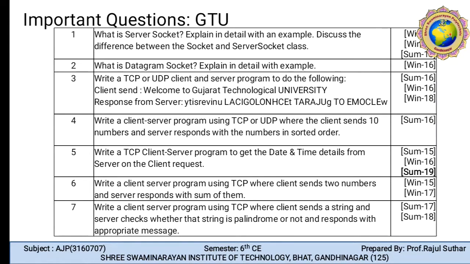We will discuss in the practical session. Write a TCP client server program to get the date and time details of the server on the client. This type of question is asked for 7 marks, already covered in summer 2015, 16 and 19.